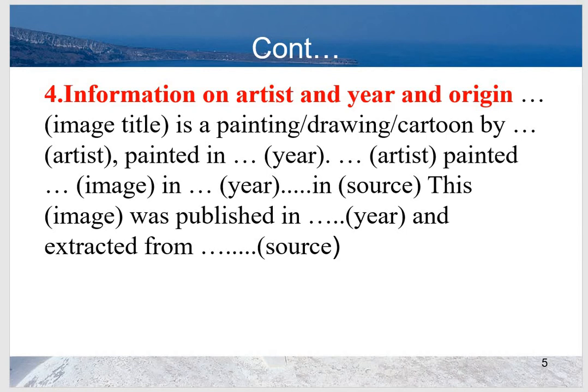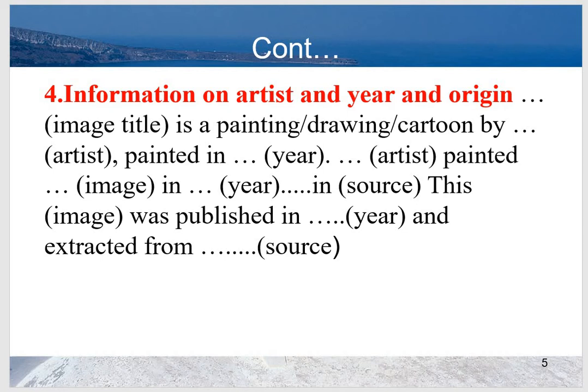Information on artist, year and origin. Image titles. Some images have a title, and you will mention that, and when it was painted. It's a painting, drawing, cartoon by the artist, painted in such a year.